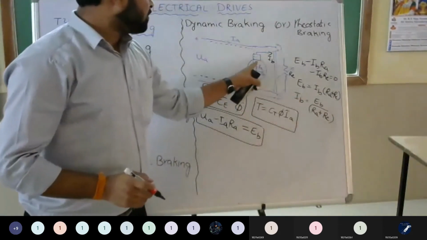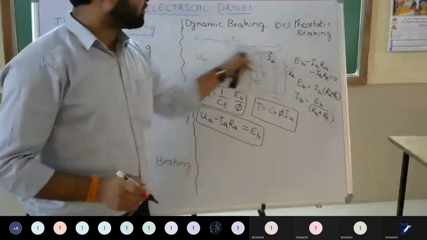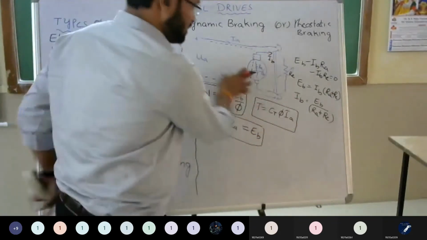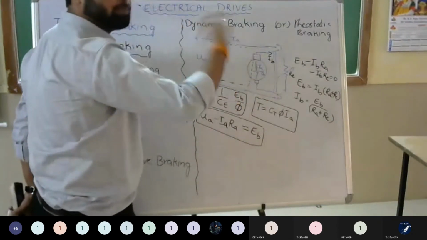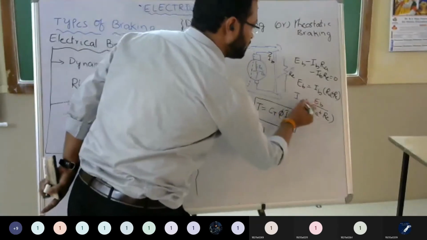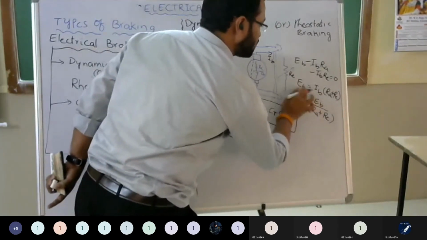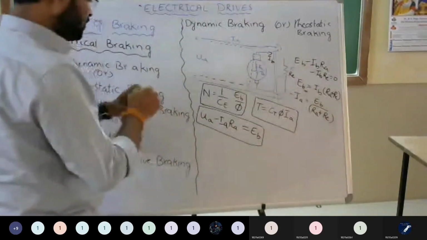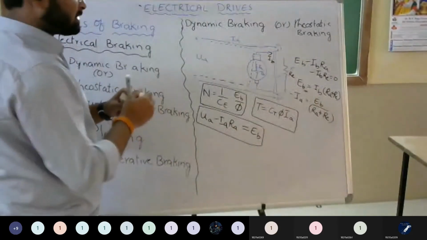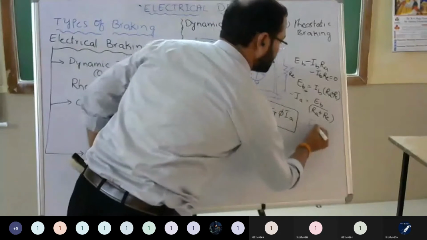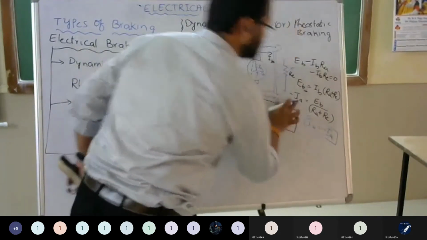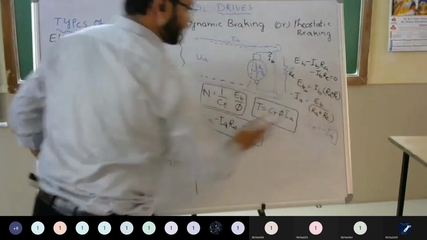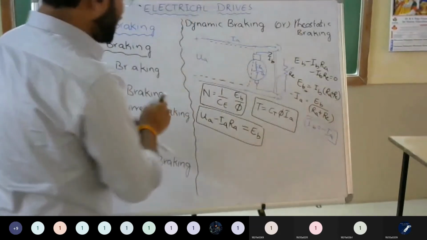If you see this, the braking current is in the reverse direction of IA. The IB current is also armature current only. You have to remember IB is equal to minus IA, since the current is reversing. So IA is equal to minus IB.